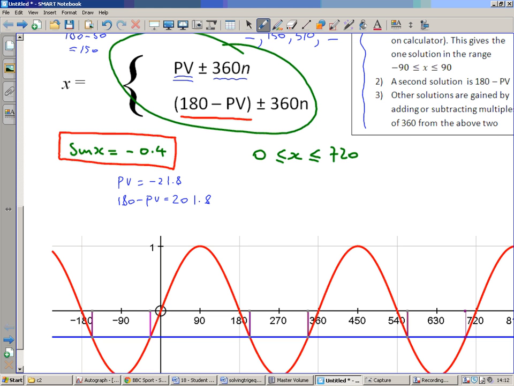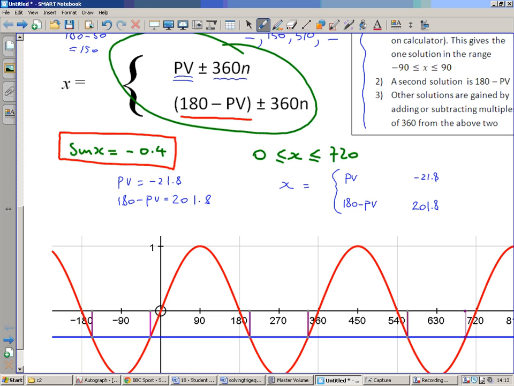Okay, so our solutions are, if we put it into this formula, principal value and 180 minus the principal value: the principal value is minus 21.8, and 180 minus the principal value is 201.8.